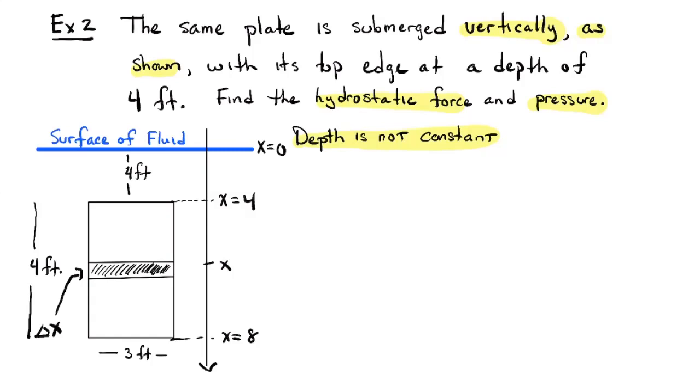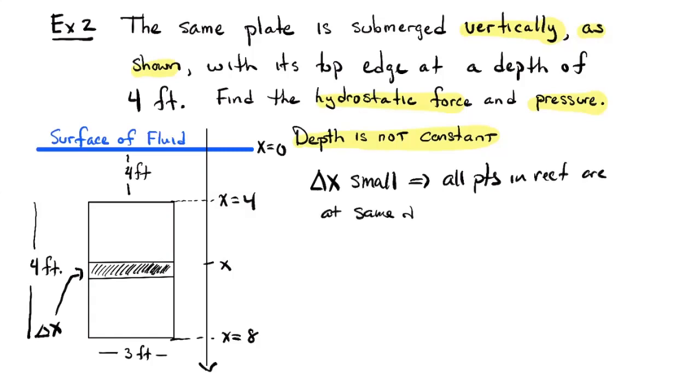So that's kind of my idea. Delta x is small. All points in that rectangle are at the same depth. Of course, that's not true. I should say they're approximately at the same depth, but that's my local estimate, okay?